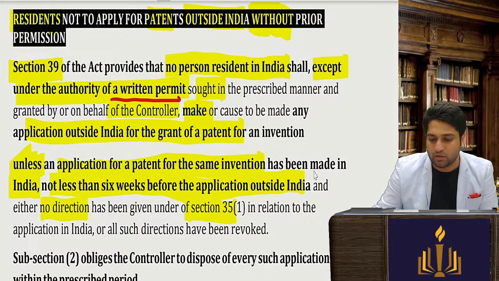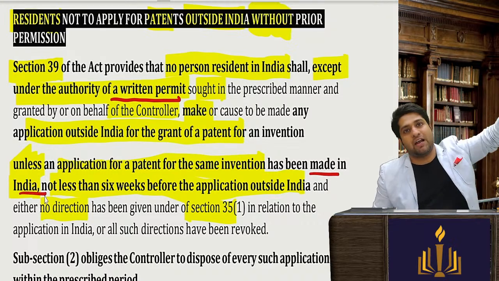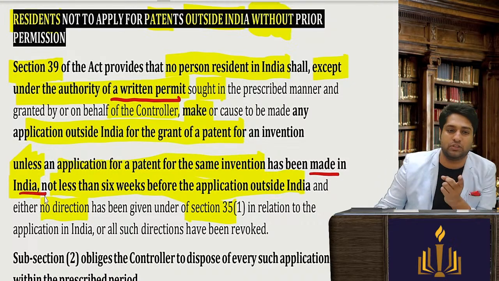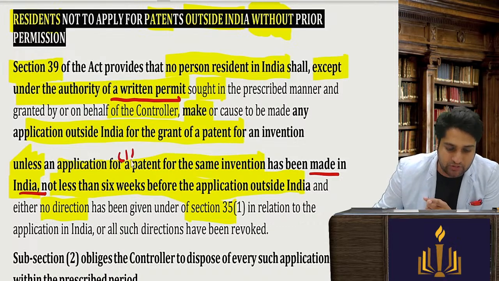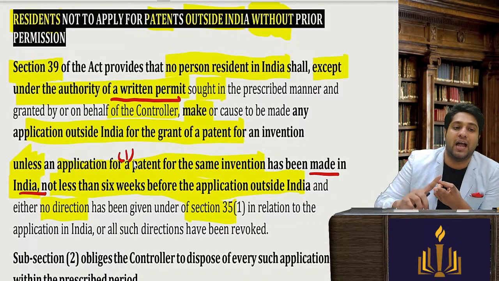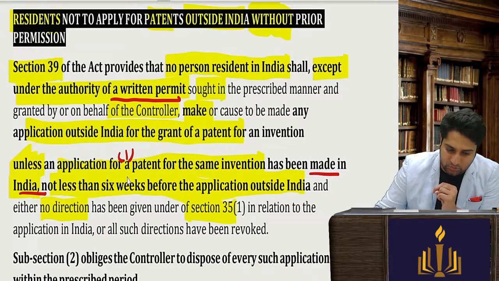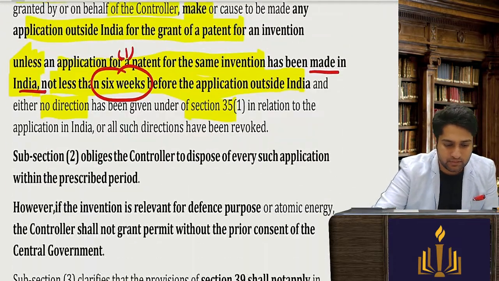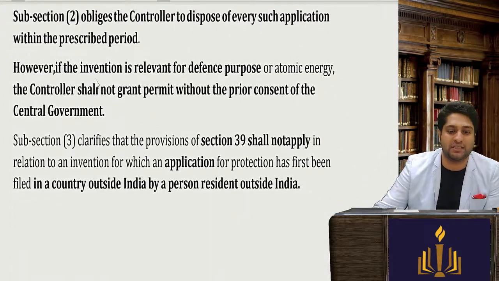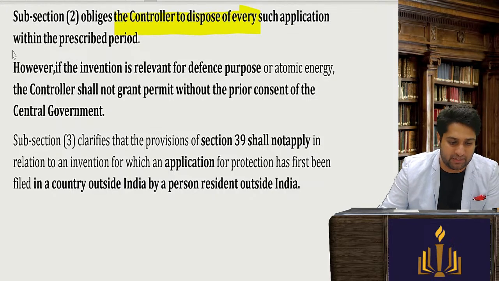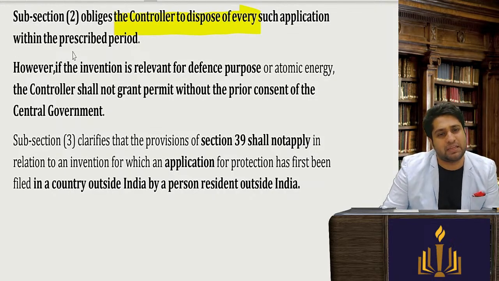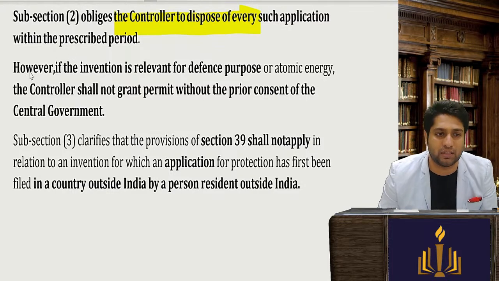So obviously you can't directly make a foreign filing application when you have not filed in India. So the application for patent for the same invention has to be made in India, and a cooling period is there, that is 6 weeks. Second, it obliges the controller to dispose of every application. They have given a time period, and the controller has to adhere to that.